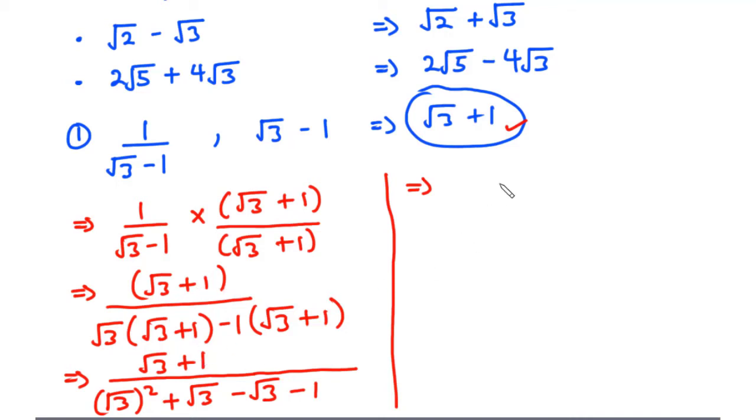So here we have the square root of 3 plus 1 divided by, now root 3 squared is 3 because the square cancels the square root. So we have 3. And then the square root of 3 minus the square root of 3 is 0. And then we have negative 1. So we have 3 minus 1.